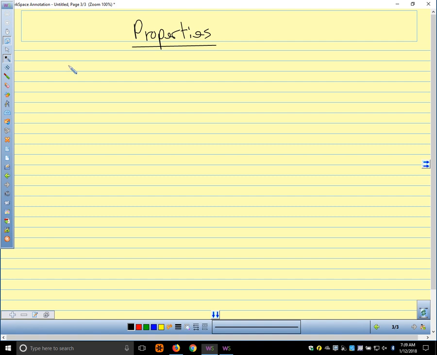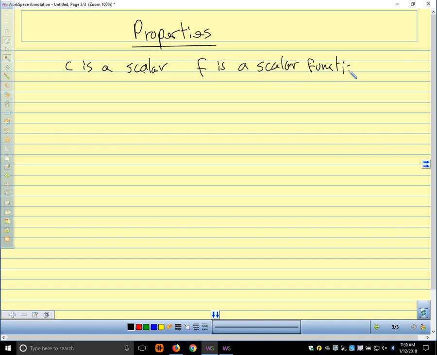All right, so we're saying c is a scalar, f is a real valued function, we're saying all of our functions are differentiable, and r and u are differentiable vector valued functions.